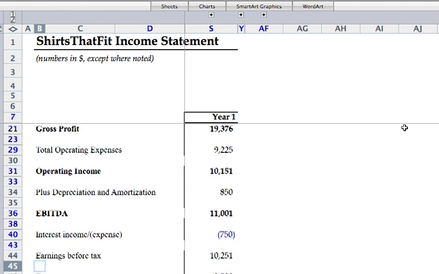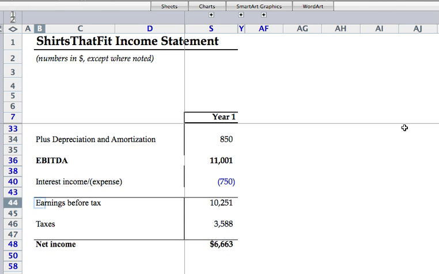As we move down the income statement, we come to the interest income/expense line. Interest income is the money companies make from keeping their cash in interest-bearing savings accounts, money market funds, and similar types of investments. On the other hand, interest expense is the money companies pay in interest for money they borrow. So for this accounting period, this shows the amount of interest shirts that fit paid on any type of loan the company has taken out.